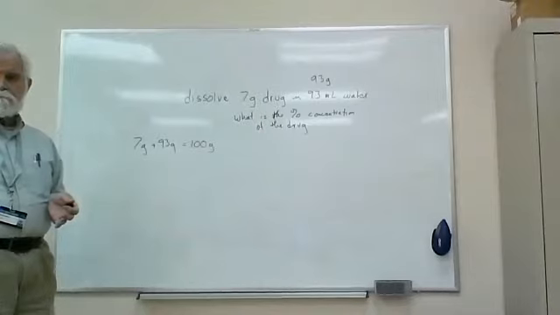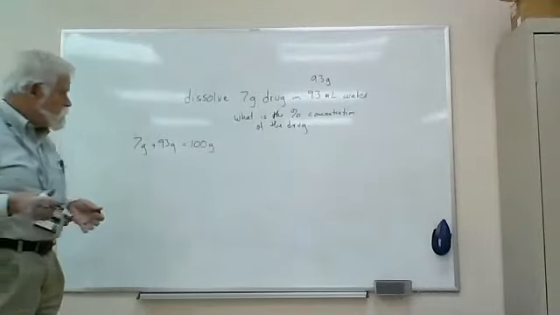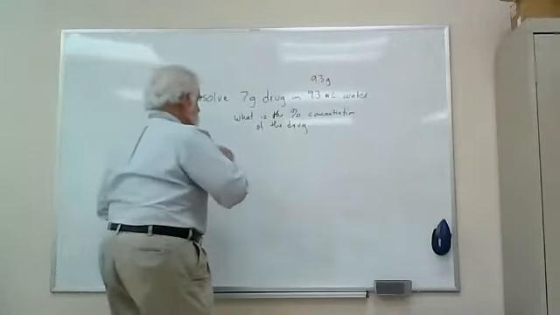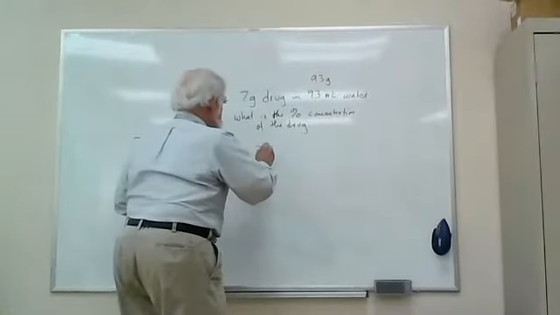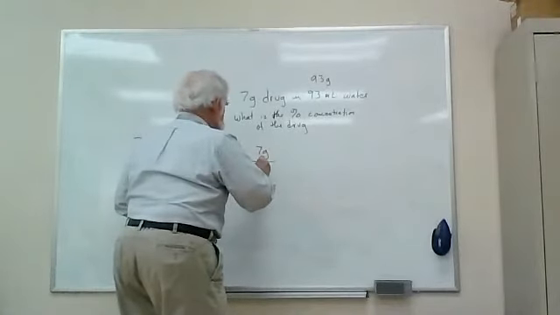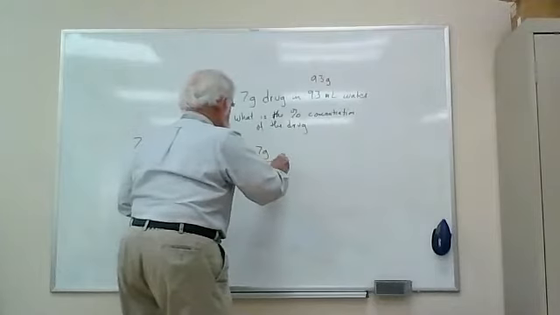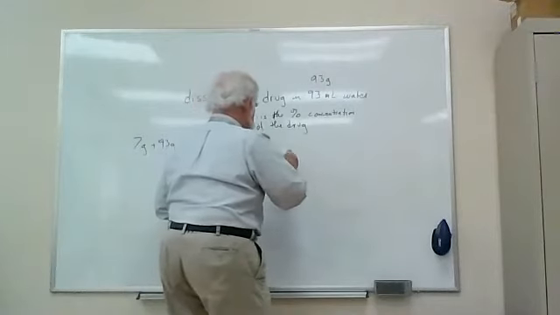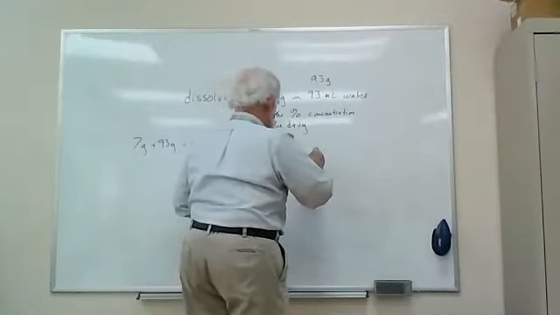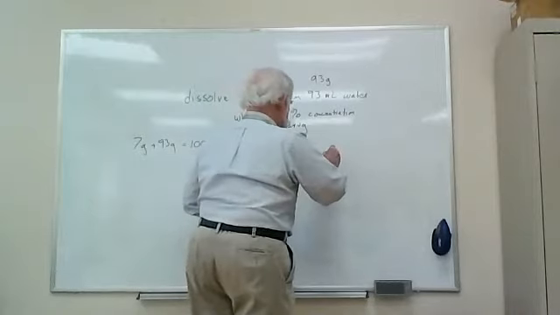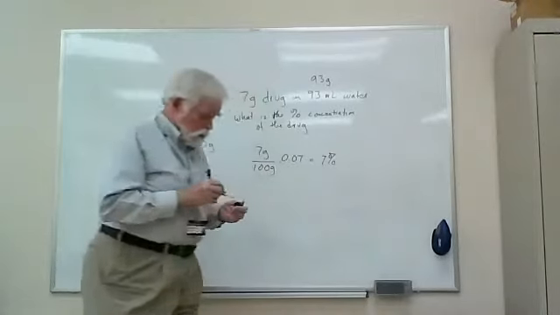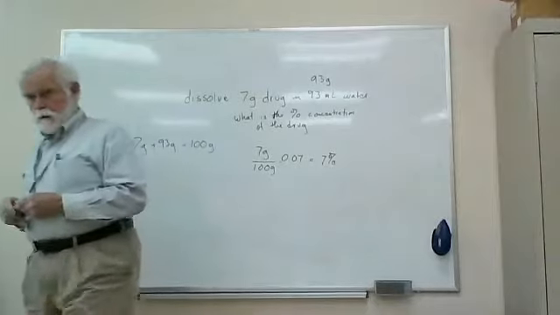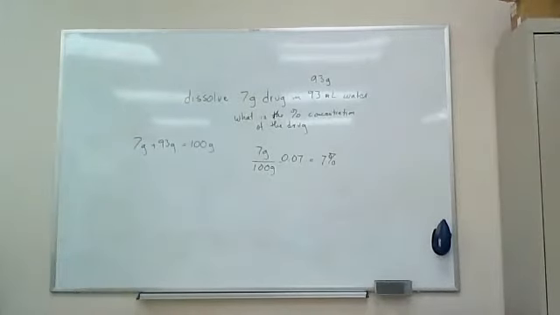Okay? So the concentration of the drug is 7 grams out of 100 grams, or 0.07, which is 7%. Remember, take the decimal and multiply by 100, give you percent. So that's how we calculate concentration.